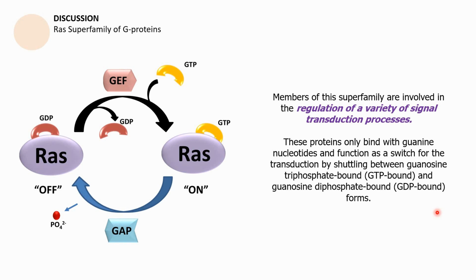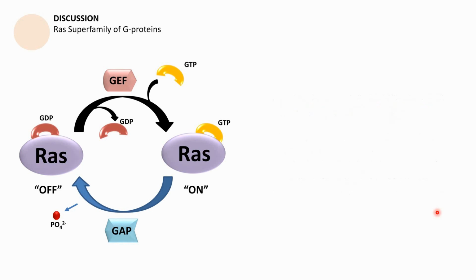So they can turn themselves on by shuttling to become GTP bound, or they can switch themselves off by shuttling towards becoming GDP bound.